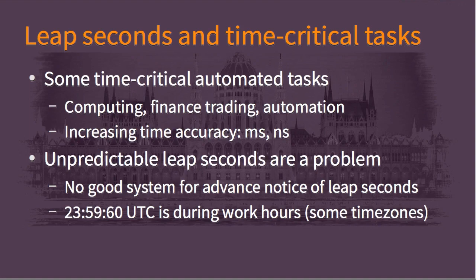And part of the problem is that there is not a really good system for passing advance notice to these automated tasks about when leap seconds will occur. And part of the problem is that in some time zones, for instance Japan, the leap second occurs during work hours.